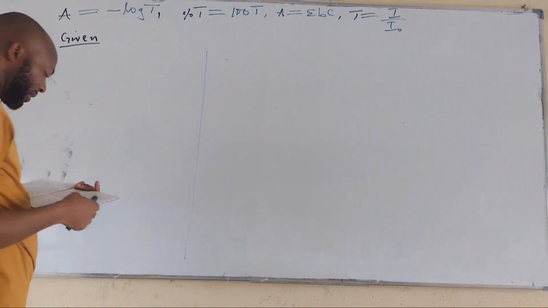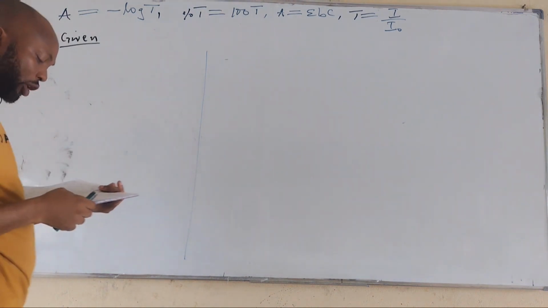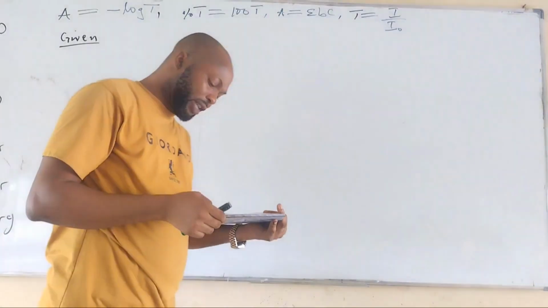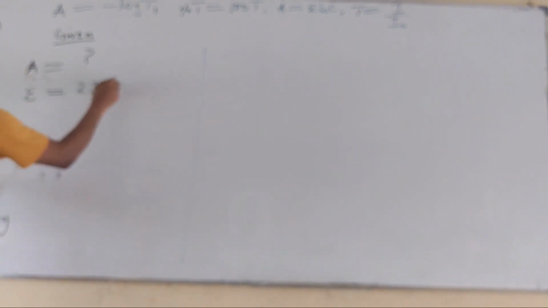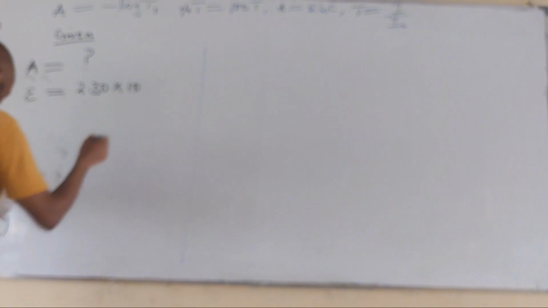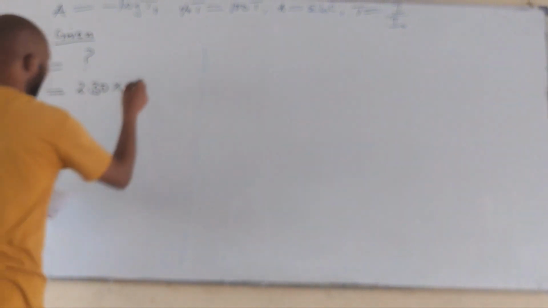It says, what is the absorbance? So we are looking for A, the absorbance. We don't know it. What is the absorbance, given that the absorptivity is 2.30 times 10 raised to the power 4?